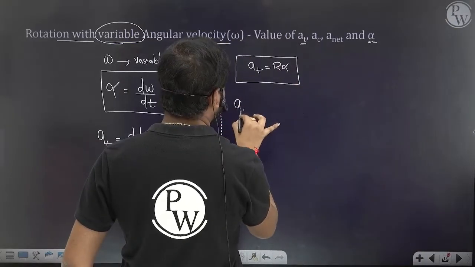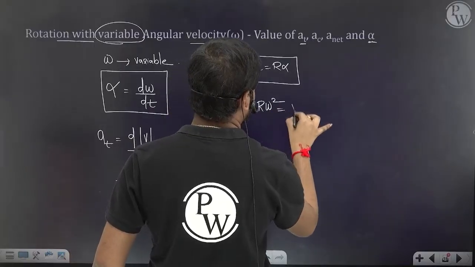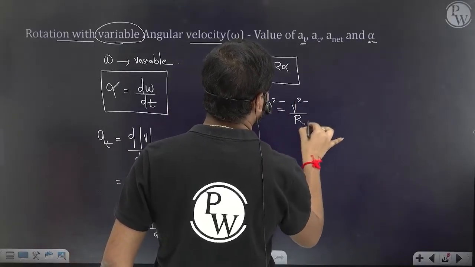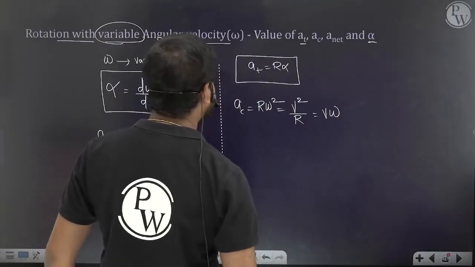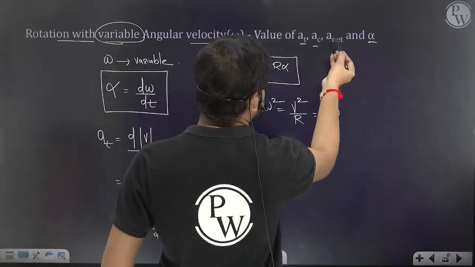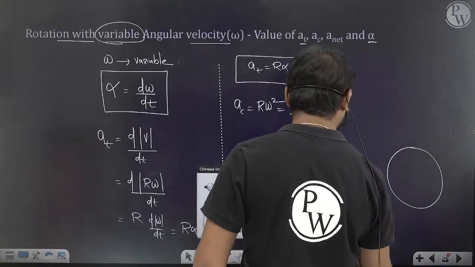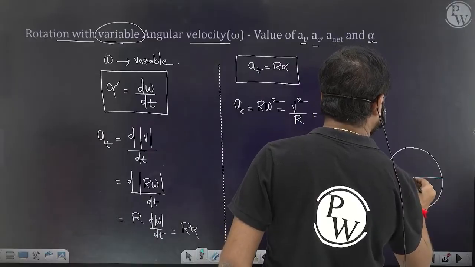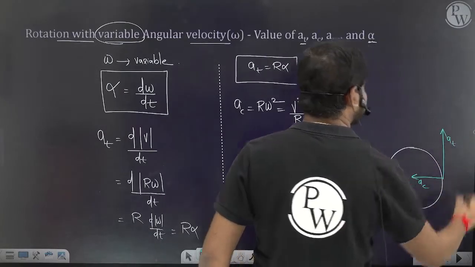So now we have got a_t, and a_c, however, is going to be the same, either r omega square, or v square by r, or v omega. So what is a_net? If the body is moving in a circular path like this, a_c will be towards the center and a_t will be along the tangent.